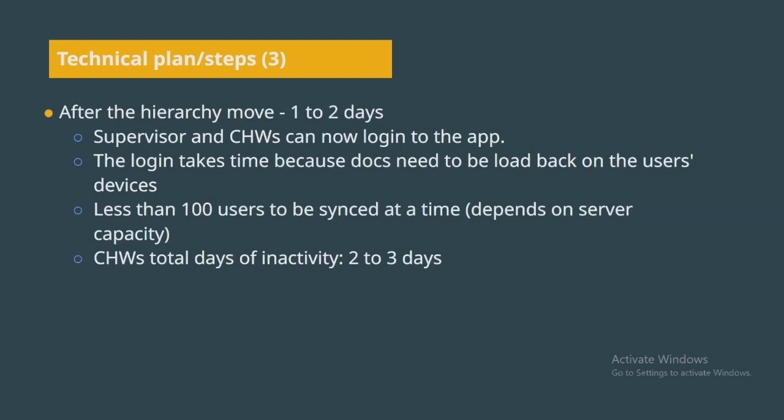So we had decided that we'll only plan to synchronize 100 users at a time. So the total days of inactivity for CSWs was 2 to 3 days, unless there was any other problem. We can move to the next slide.